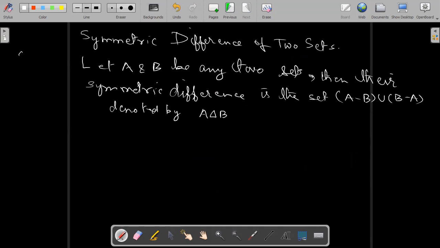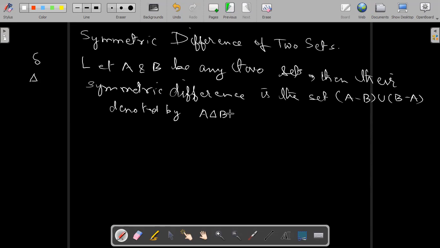There are two types of delta, this is also a delta, this is also a delta. Like this delta, and this is also read as delta.